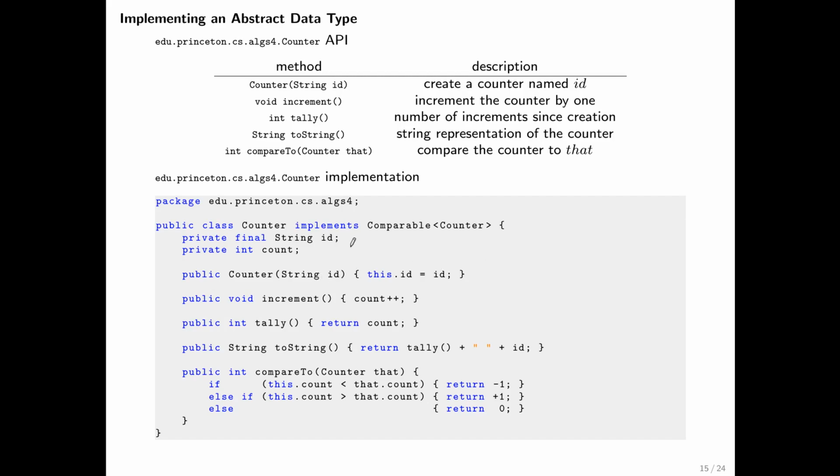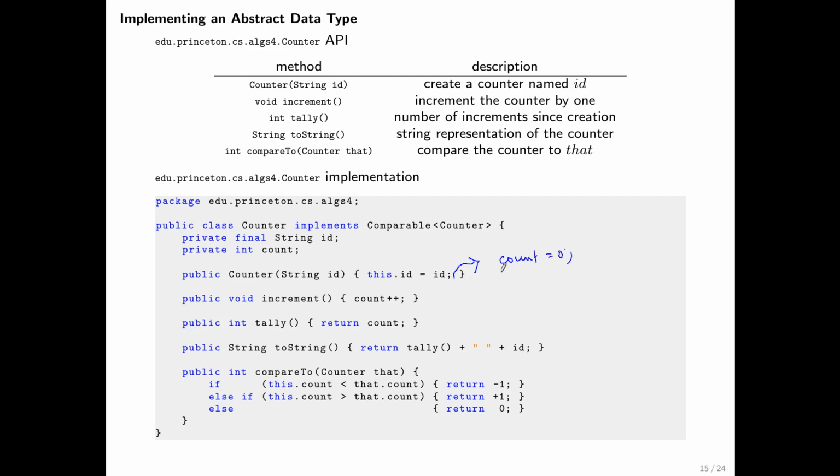And count, since it's a primitive int, when you declare it as such, it takes on the default value 0. But we could also be explicit here and initialize that as well, though it's not necessary. So you could say count equals 0 if you want to make the initialization explicit.